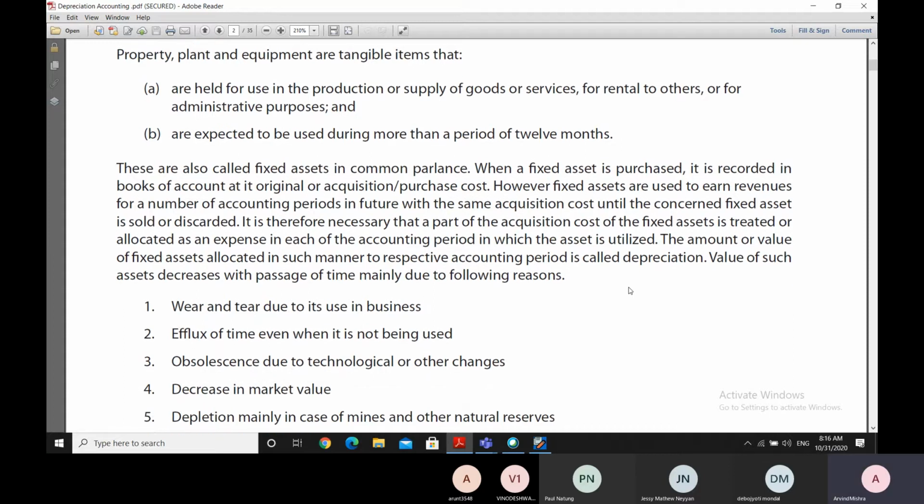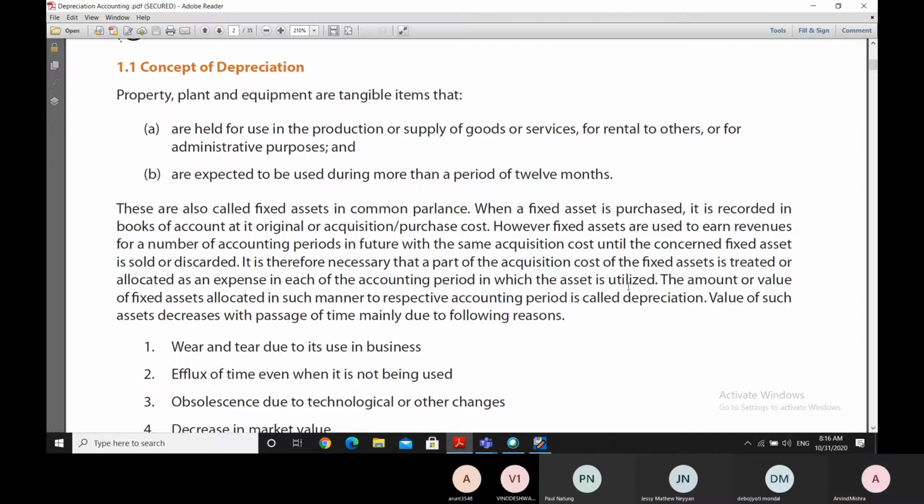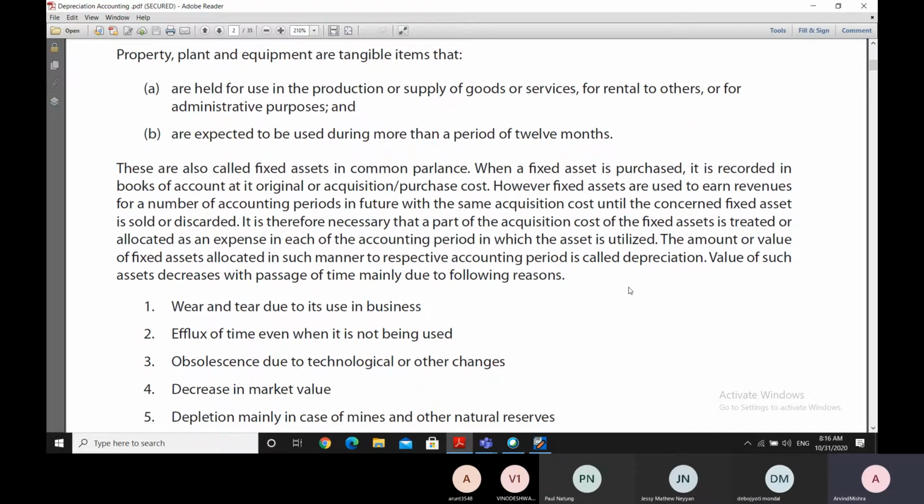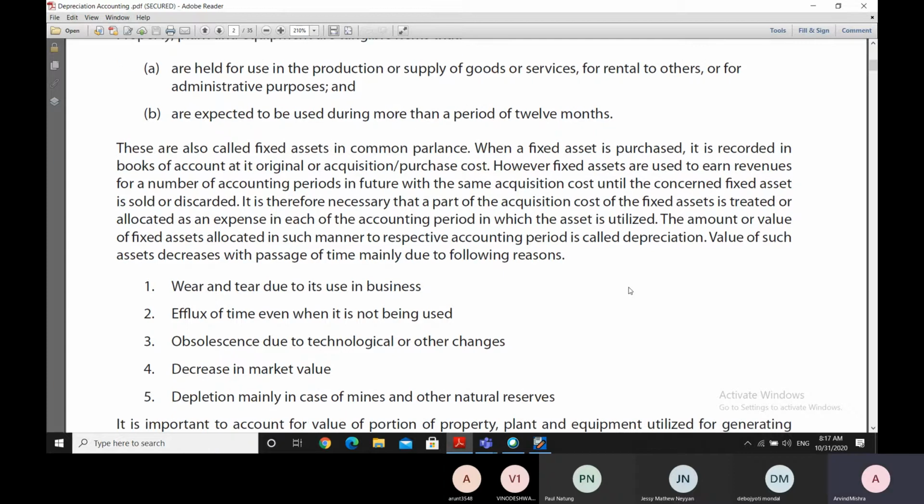Now we know that the value of the assets will decrease over a period of time as time passes. Although assets like land may increase in value, other property, plant and equipment, as they are used in the course of the business, will reduce in value. The price that they can fetch in the market will reduce.